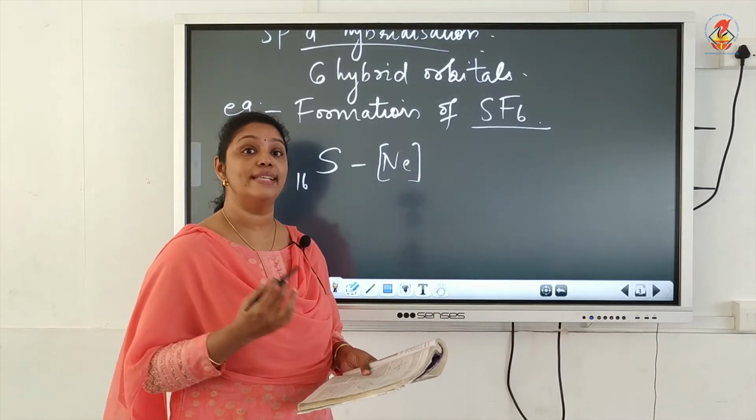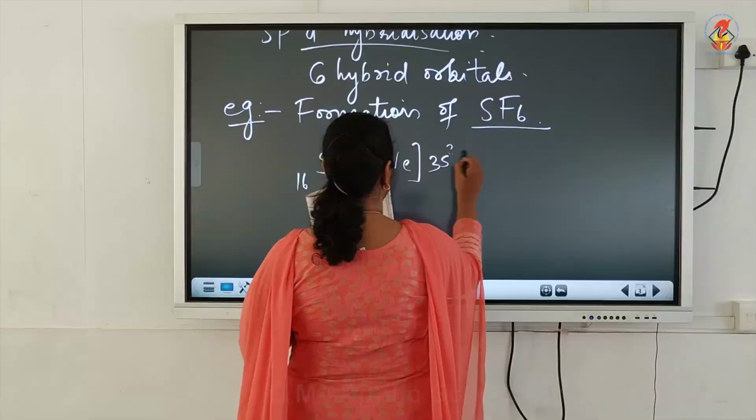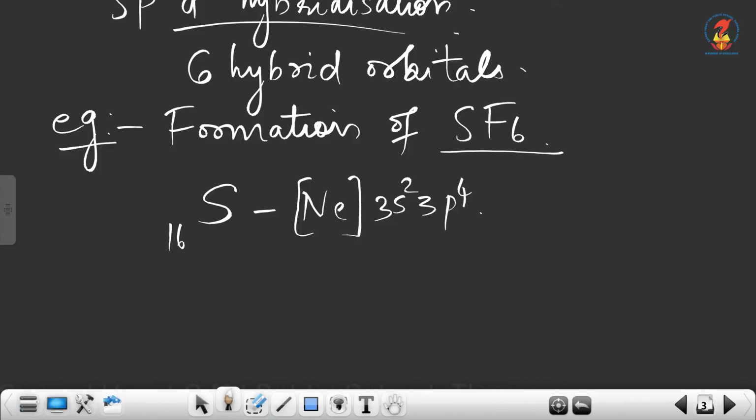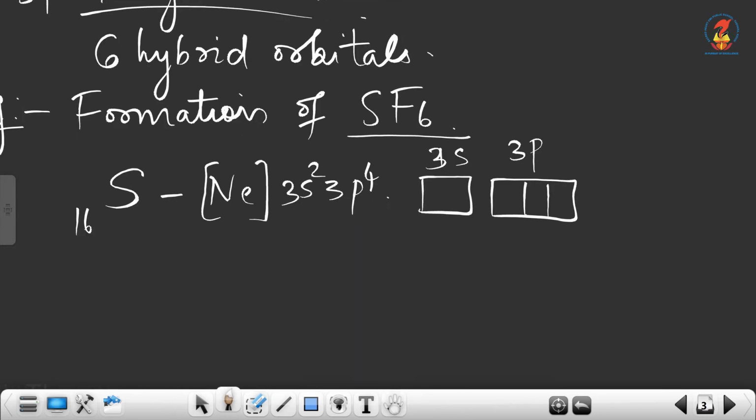So sulfur also has 6 valence electrons. So, neon 3s2 3p4. Now, when you draw the orbital diagram, this is 3s, 3p, and we have the 3d orbitals, which are vacant.